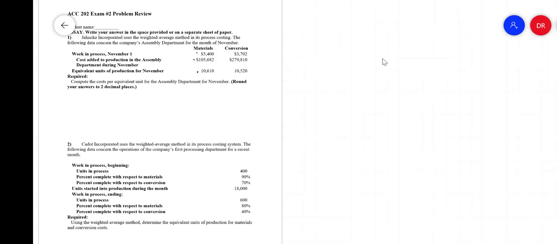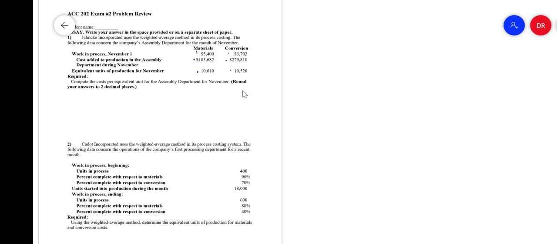So to start with, in this first one, we have Janke Incorporated using weighted average method for their assembly department, and they want to know what the costs per equivalent unit are for November for this department. You have the materials here, and the costs and the equivalent units, and conversion costs and equivalent units.